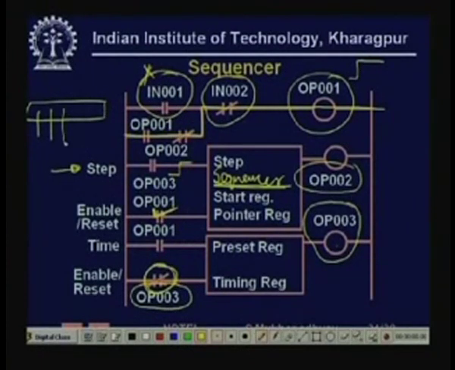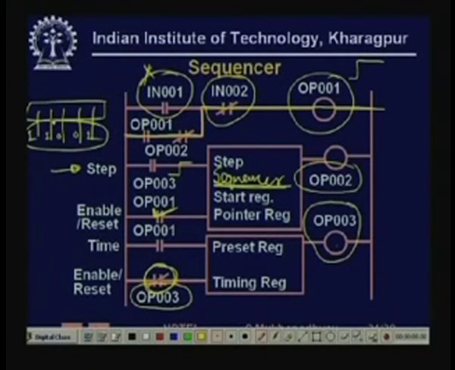There is a start register, and there is a sequence of registers. Every time a pulse comes, a new set of register outputs is executed. Maybe these are 3 different or 8 different valves, and you have stored some values. Maybe in the first step this is 1, this is 1, this is 0, this is 0 and this is 1. That is the way you have programmed it. So, when step 1 is executed, these outputs will actually go to the field.